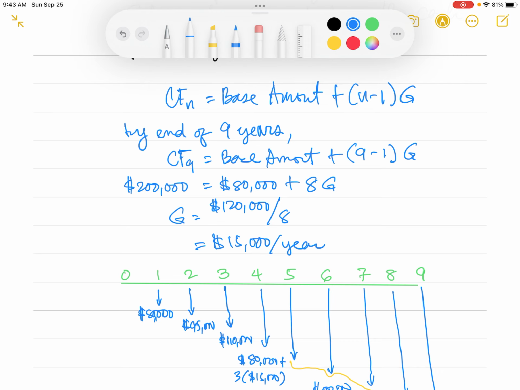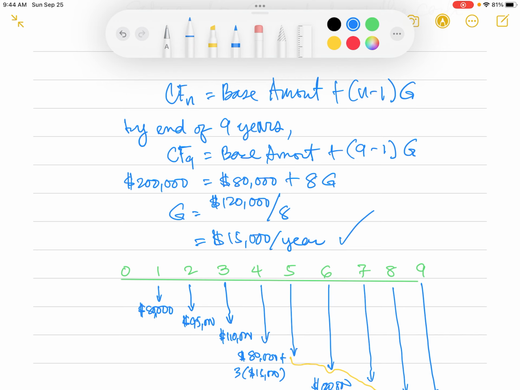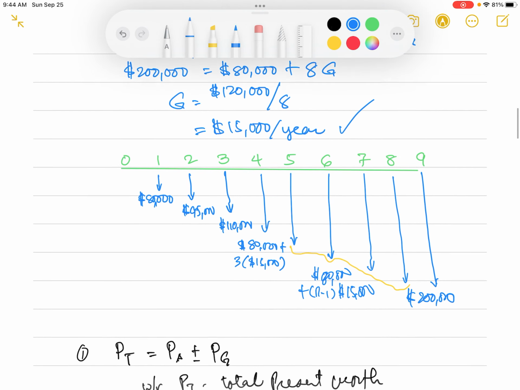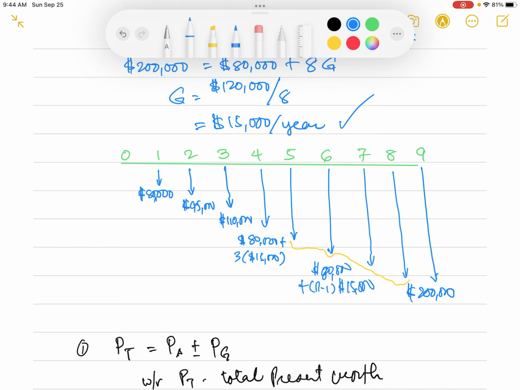Solving for G, you will have $15,000 per year. So drawing the cash flow diagram, you will have 0 to 9, that's your interest period, and the first or the base amount is 80,000, and it increases uniformly by $15,000 every end of the year, succeeding years, up to the 9th year where it goes up to $200,000.